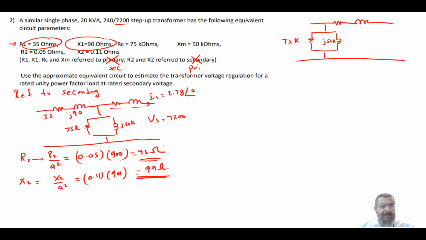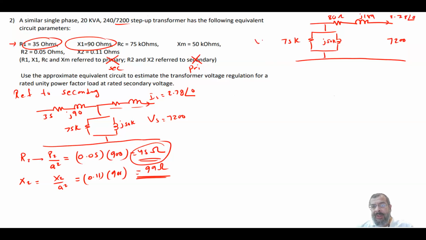Now your R equivalent, you add the 45 plus the 35, so this is 80 ohm. And this is j, 99 plus 90, j189. The voltage here is 7,200. The current here is 2.78 angle of 0.